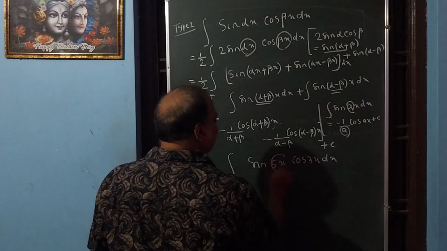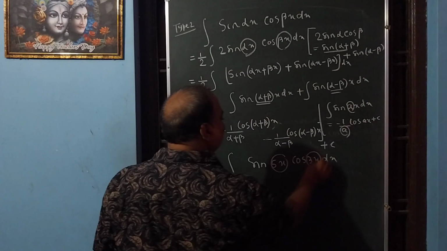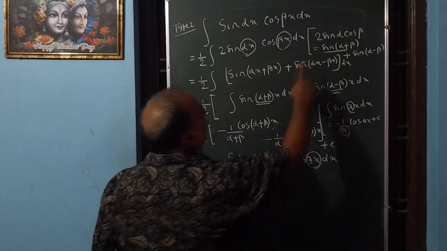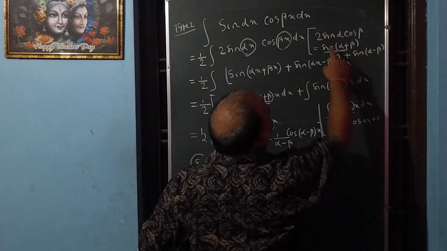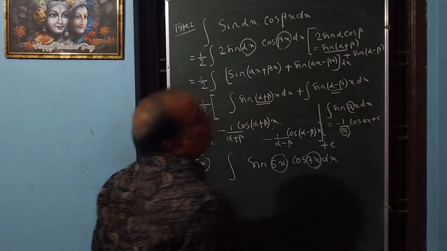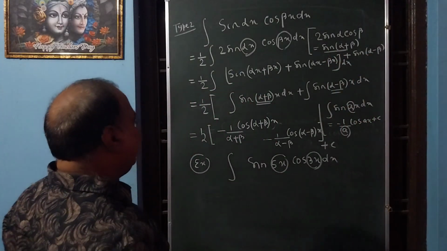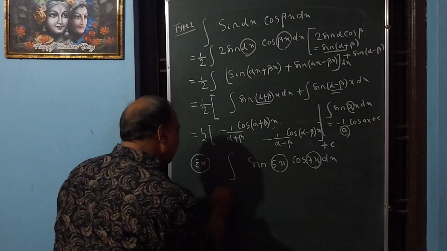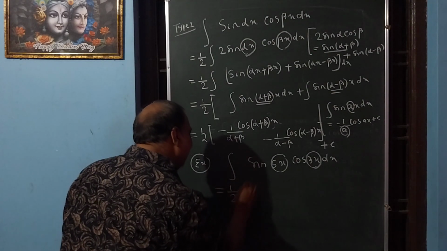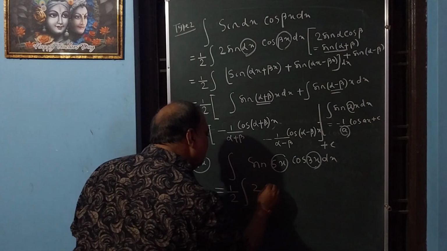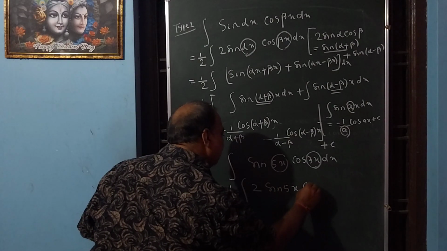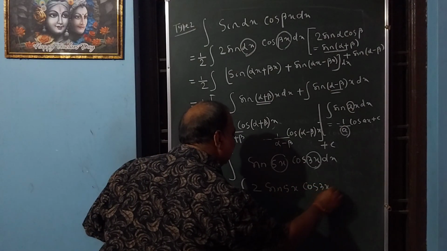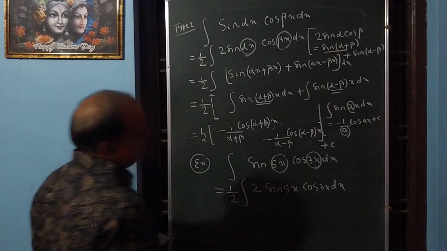So you think this is alpha and you think this is beta. So here 2 sin alpha into cos beta is sin (alpha plus beta) plus sin (alpha minus beta). But here we have to multiply and divide by 2. So we get 2 sin 5x cos 3x into dx.